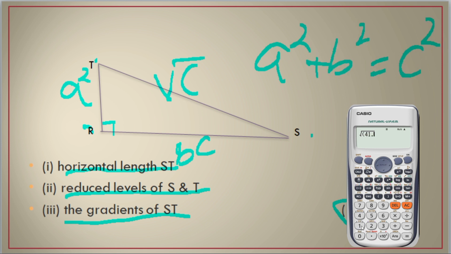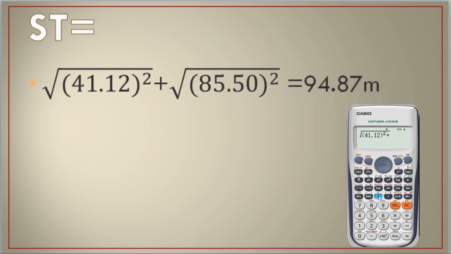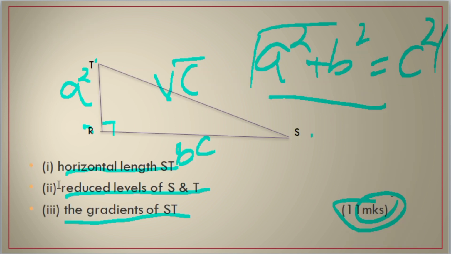I hope you can remember it. This is the formula that I have used in order to illustrate what I've done here. So we square both those distances and we find the square root, and the square root gives us the distance of S to T. Simple like that.